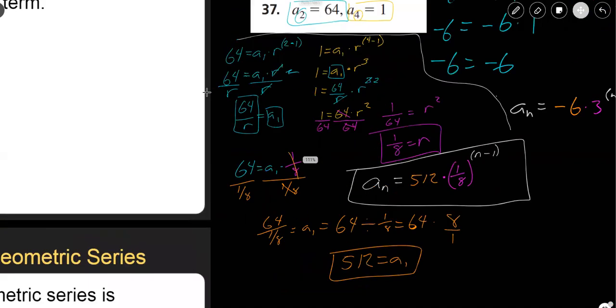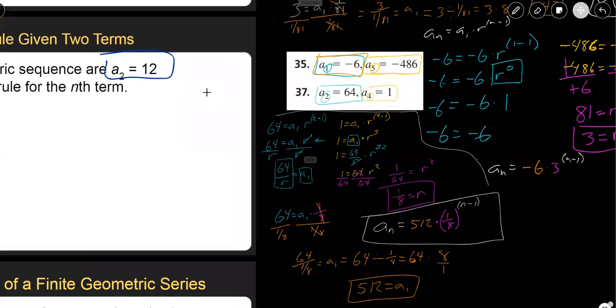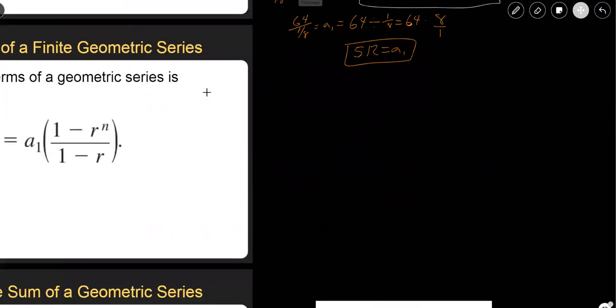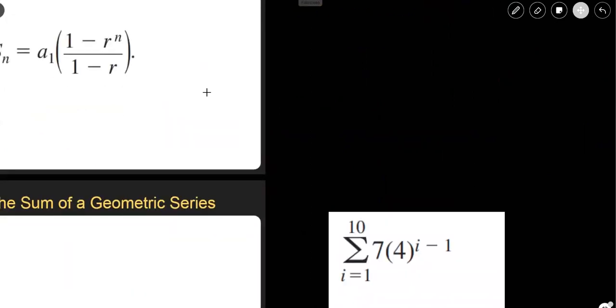All right, so that's the three different ways we can do these problems from easiest to hardest. And by hardest, it's really just most time consuming because we have to find those variables and work these equations a little bit.